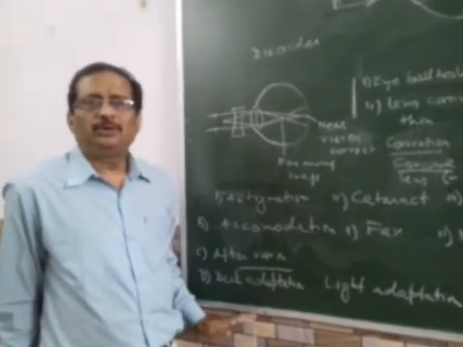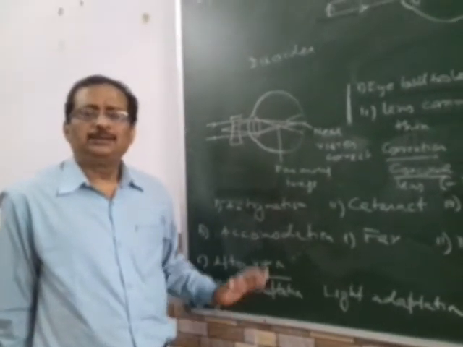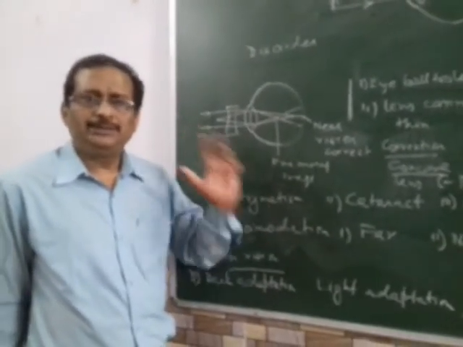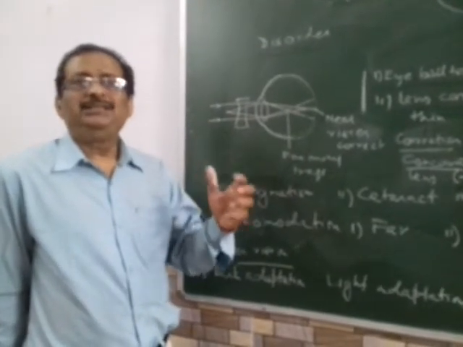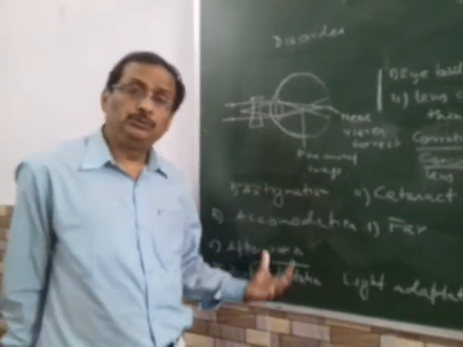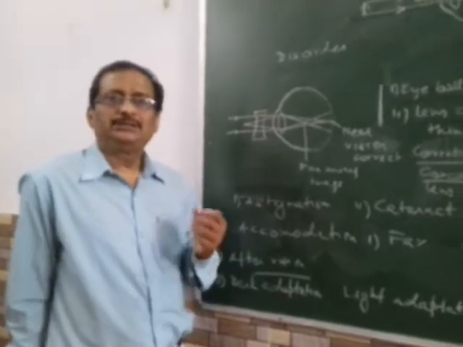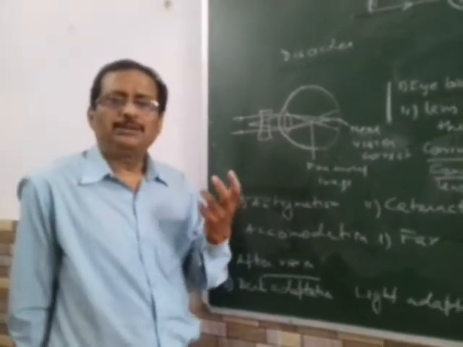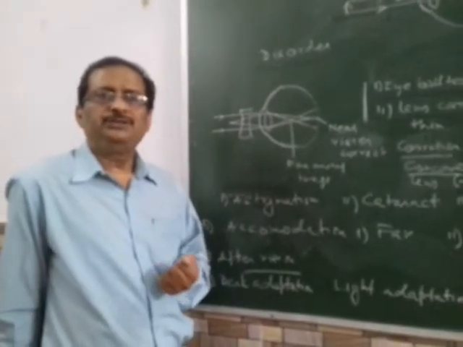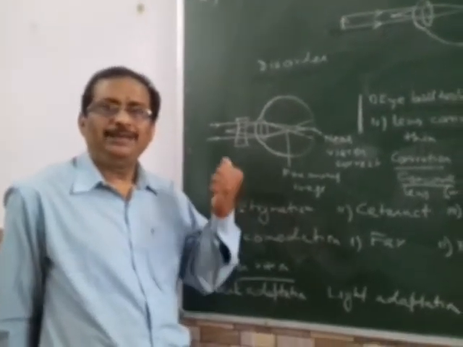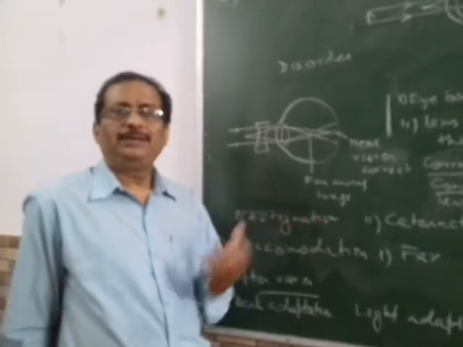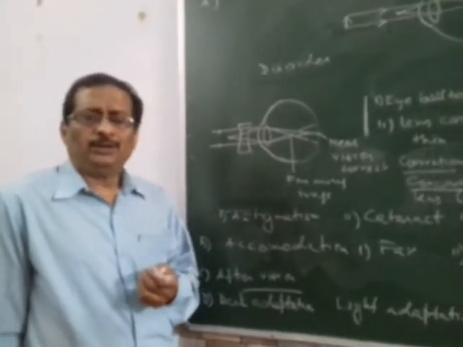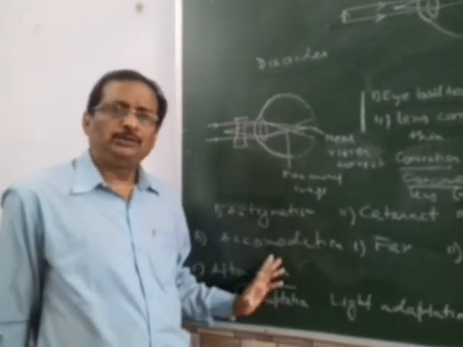That is what we call dark adaptation. Those who don't have this dark adaptation suffer from a disorder we call night blindness. Night blindness occurs due to deficiency of vitamin A, one of the main ingredients for making the rhodopsin or the retinol. So that is all about dark adaptation.